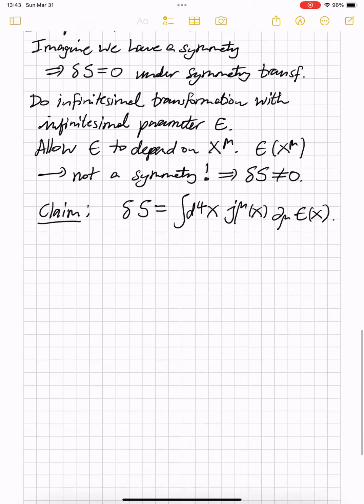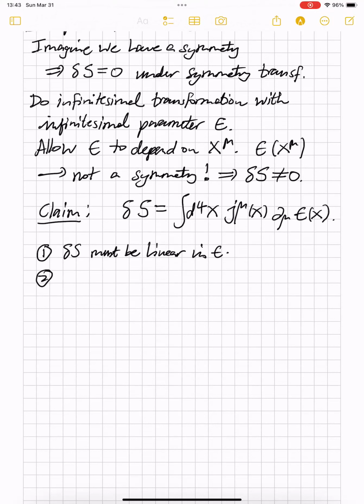Now, I want to convince you that this is the change in the action, and I think I need to convince you of three things. The first thing I need to convince you of is that delta S must be linear in epsilon.